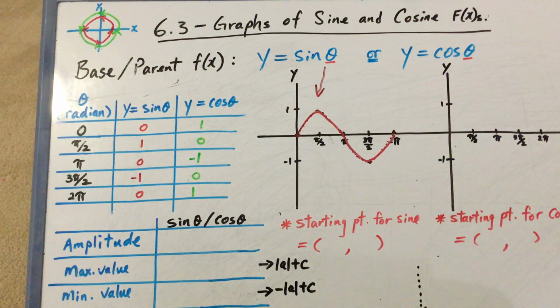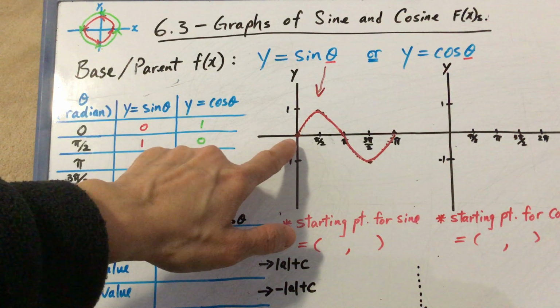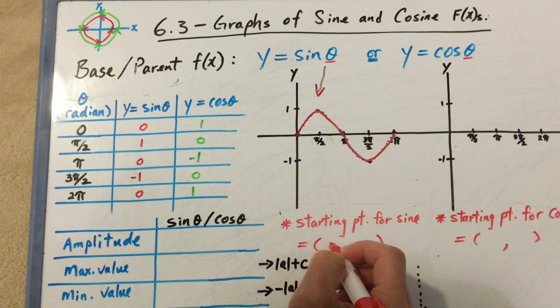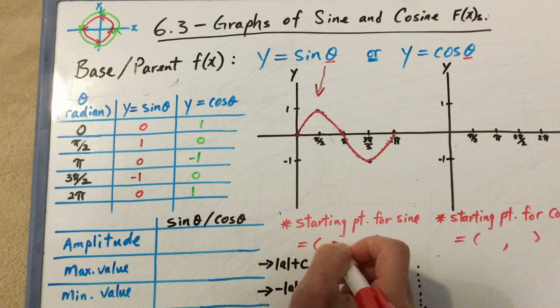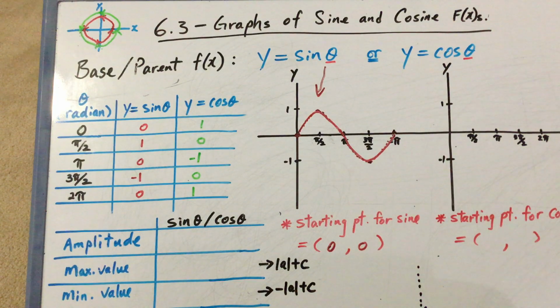For the first cycle, we know this is coming from 0, 0, from the point of origin.